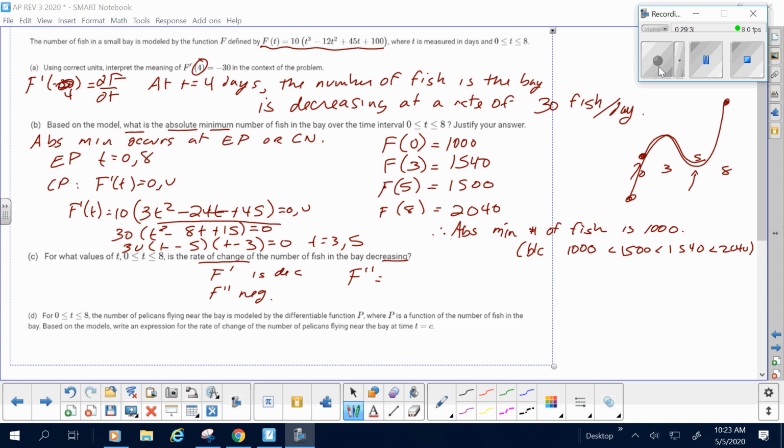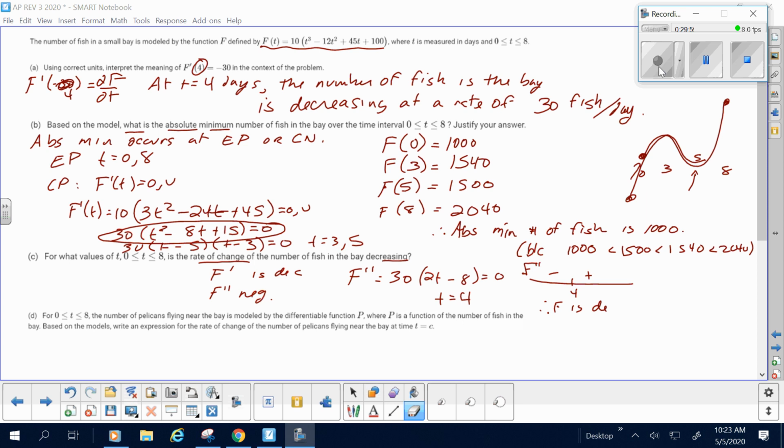I went here and took the derivative, which is 2t minus 8, which has zeros at 4, and as far as the F double prime, it is negative and positive. So from that I conclude the rate of change is decreasing. Rate of change is decreasing on 0 to 4 because F double prime is negative.